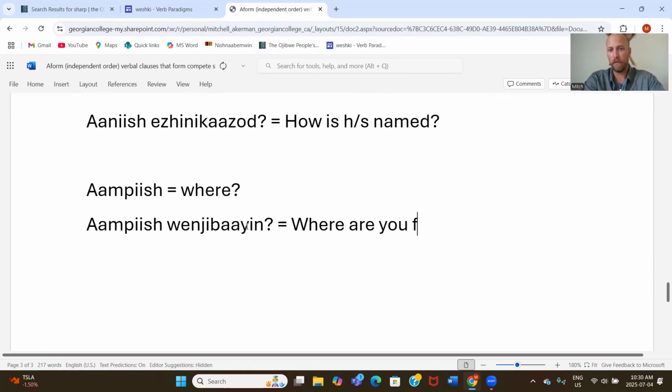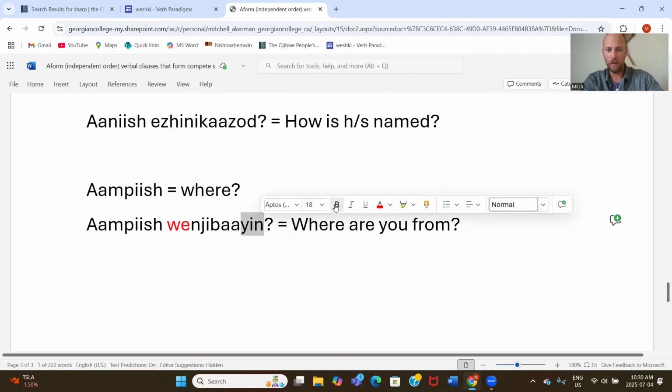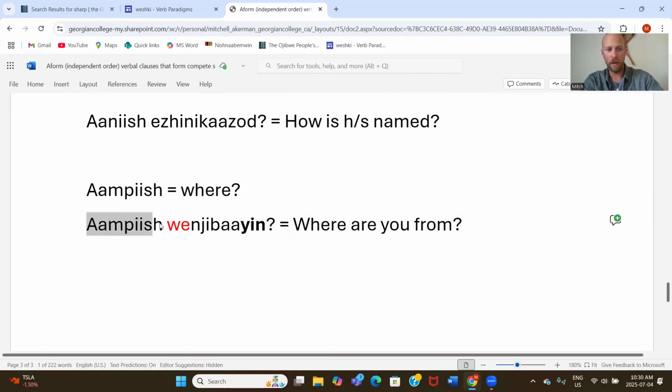Where are you from? Ampish Wenjabayan. Unjaba becomes Wenjabayan. Initial change at the front, O to WE, yin at the end for you. And we have where are you from with the question word Ampish, which means where.